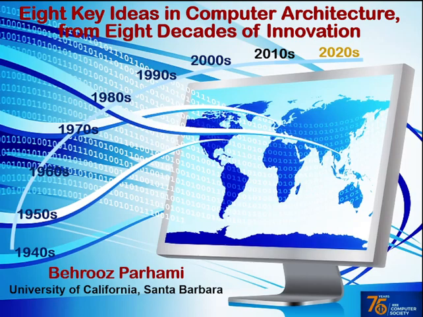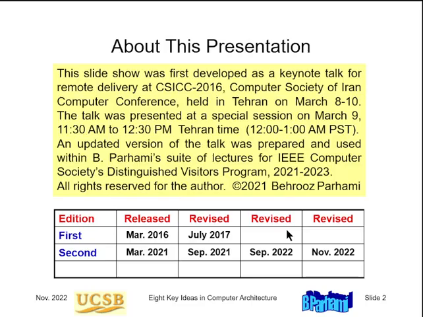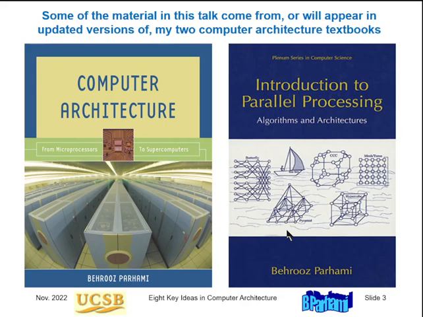Okay, so the bulk of the material in this talk comes from 2 of my textbooks, one in computer architecture, 2005, another one entitled Introduction to Parallel Processing, published in 1999.